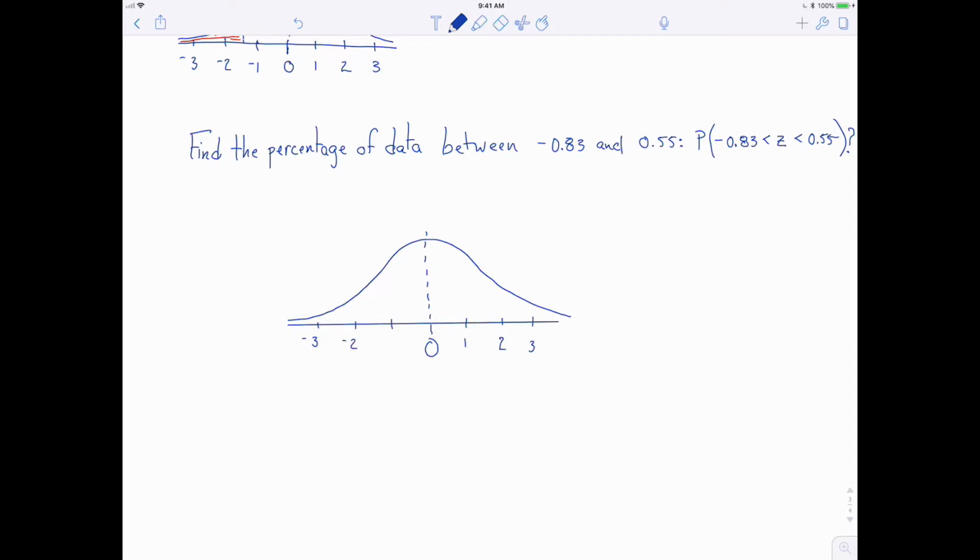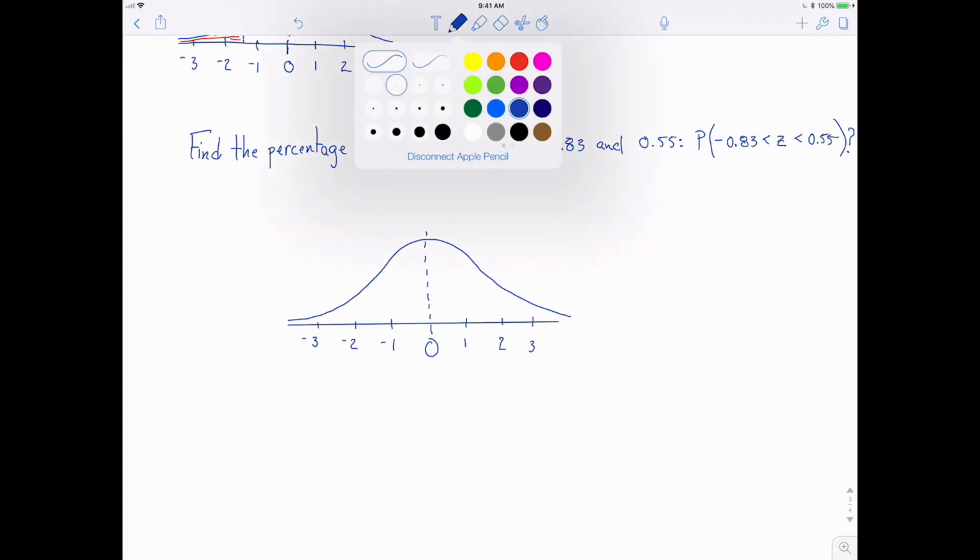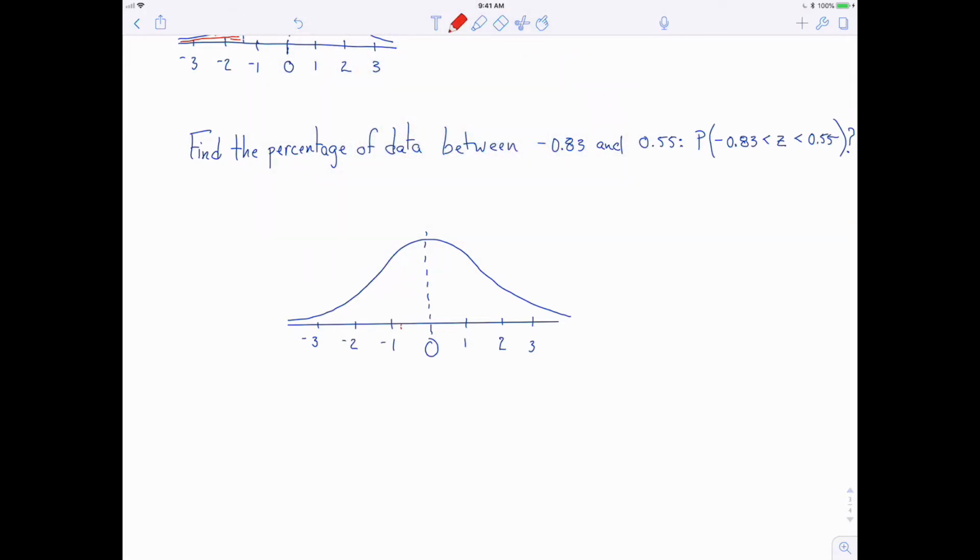Those are negatives below the mean. And I want to look at negative 0.83. Well, that's probably about there. This is my negative 0.83. And then we want to go all the way up to 0.55, which is just past the middle of 0 and 1. And so what I want is this region in here.